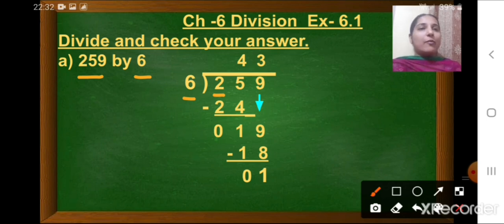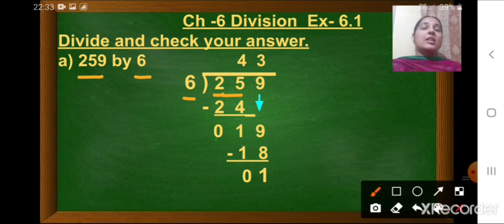We will take one more digit from the dividend. So now the number becomes 25. Now we will see how many times 6 will give us equal to 25 or less than 25. It should not be more than 25, isn't it?